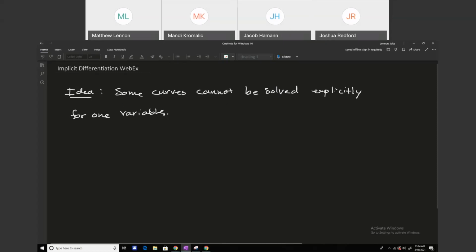You can't necessarily solve for them. They might not be functions at all, like the circle. It's not passing the vertical line test. But you still could ask questions about what the tangent line to the curve at a certain point might be.